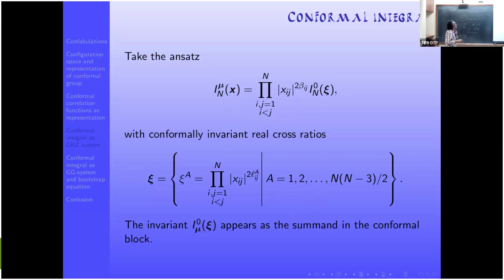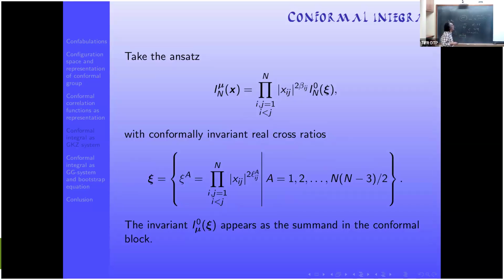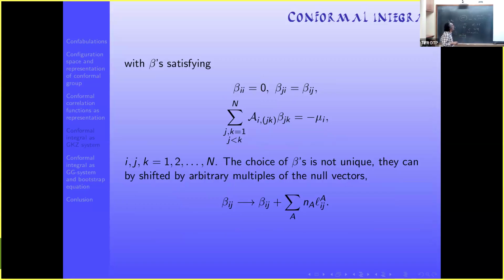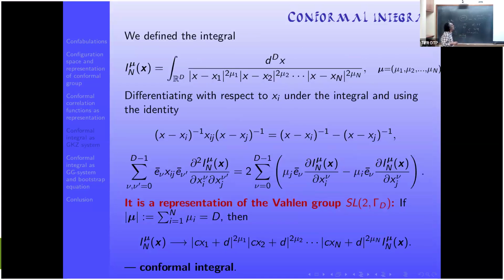Now, if I make this choice, I have to make connection with this ansatz. You see that the B_ij's are symmetric in the ij indices, B_ii's are 0 because the x_ii do not appear. And with this matrix that I wrote down, you have this property that a_i b_k is minus mu_i, being the weights of these mu's.